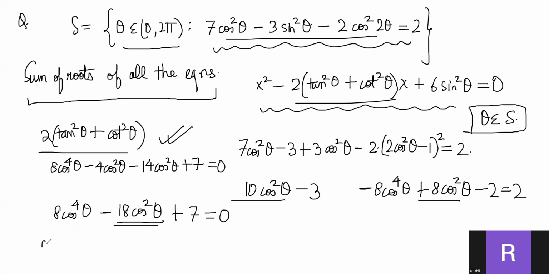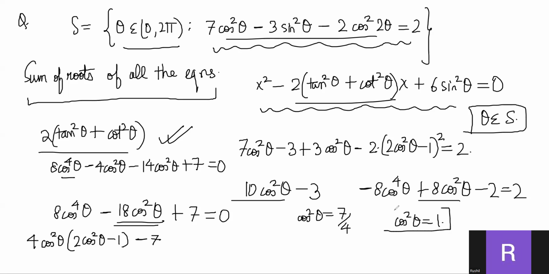You're getting cos square theta times 4 cos square theta minus 1, and here you're getting minus 7. So cos square theta is either 7 by 4, which is impossible, and the other option is cos square theta is 1 by 2. Cos square theta is 1 by 2 is the only acceptable option.